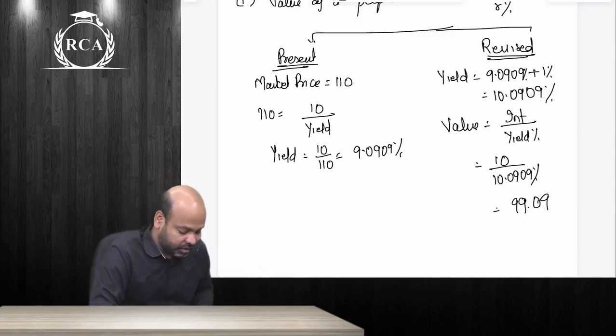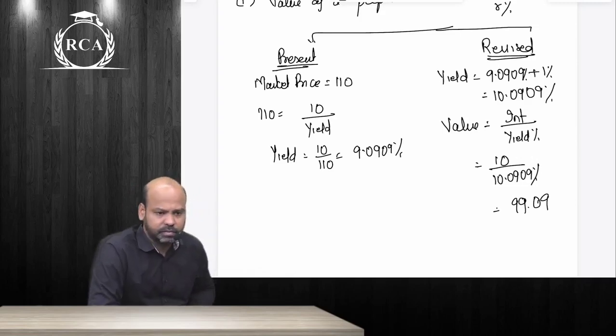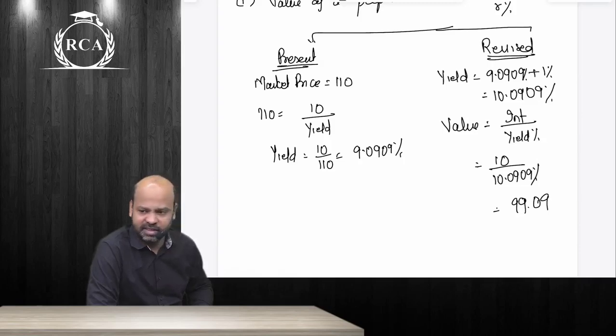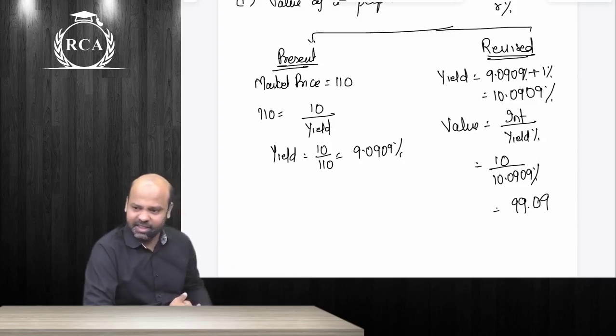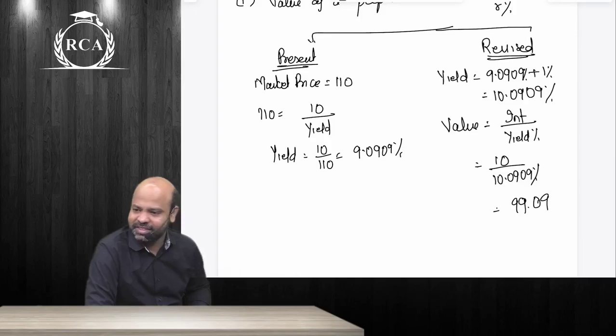Arrive at the answer to the second bit, guys. It's done. It's a semi-annual coupon paying bond, 2 years maturity.